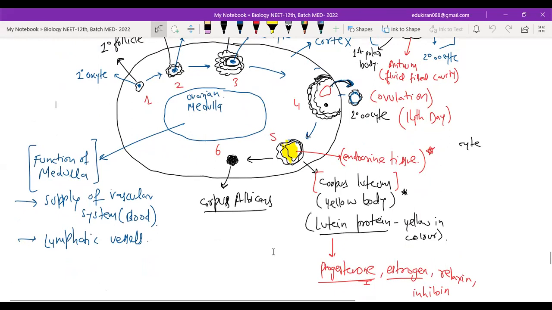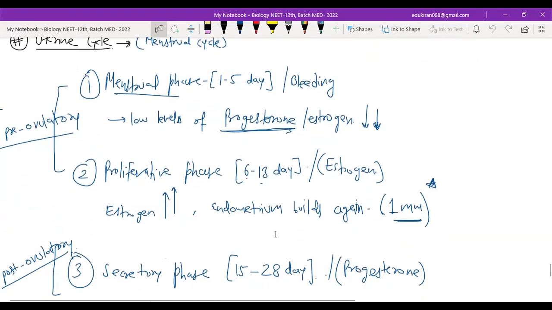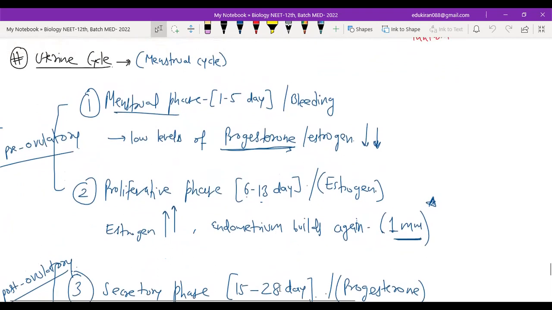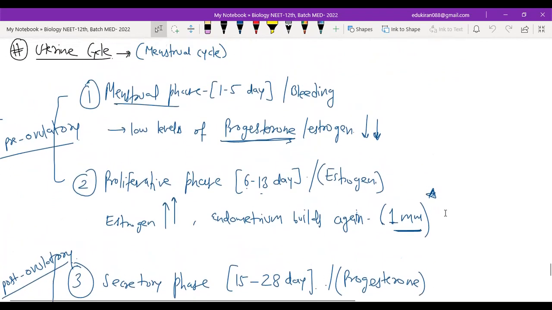Okay, then talking about the uterine cycle. The uterine cycle is also called the menstrual cycle, which has three phases. It is a series of changes in the endometrium of the uterus in which the uterus prepares for the implantation of the zygote.